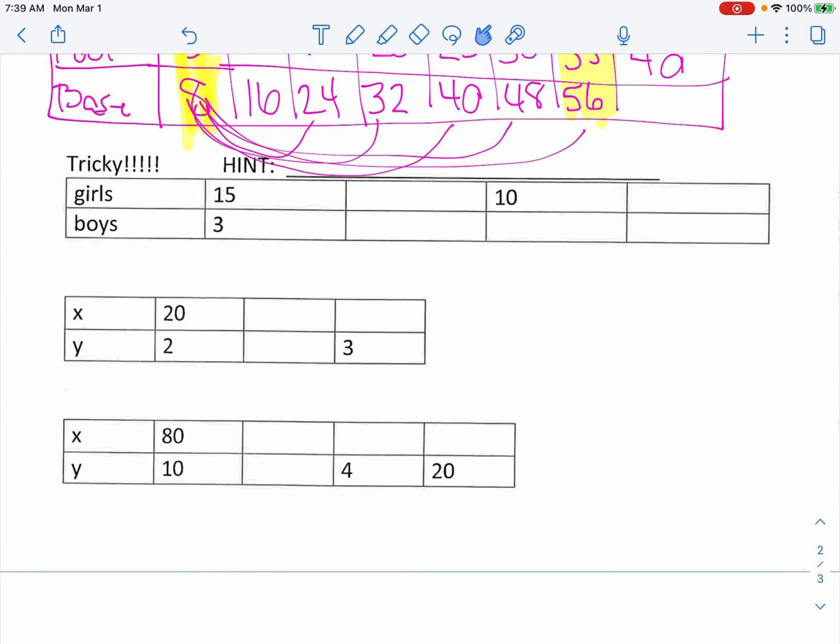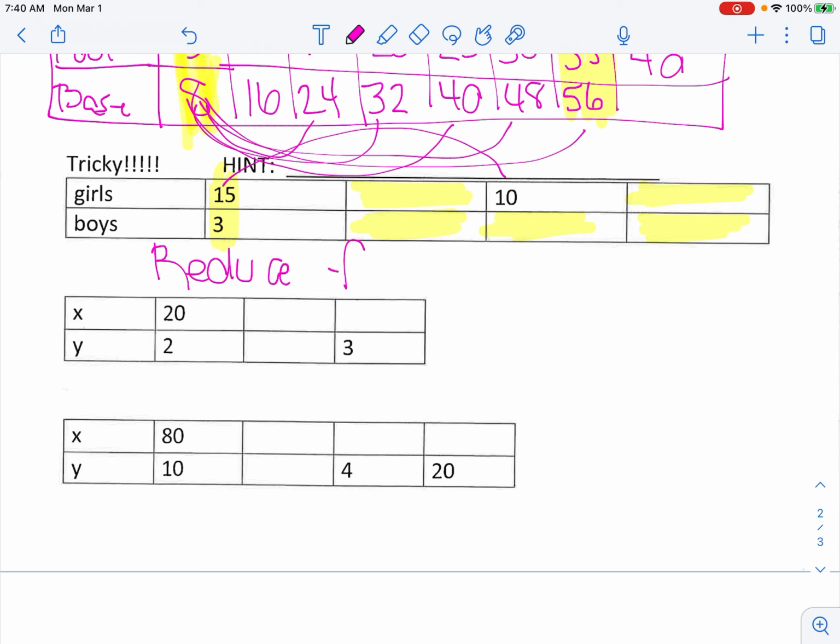Okay, so this last one is going to be a little bit tricky. So we have to find missing terms for here, here, here, and here. Now, when you're starting with a ratio like 15 to 3, and the next ratio that you're trying to get to is smaller than 15, there's something that you always want to do first.